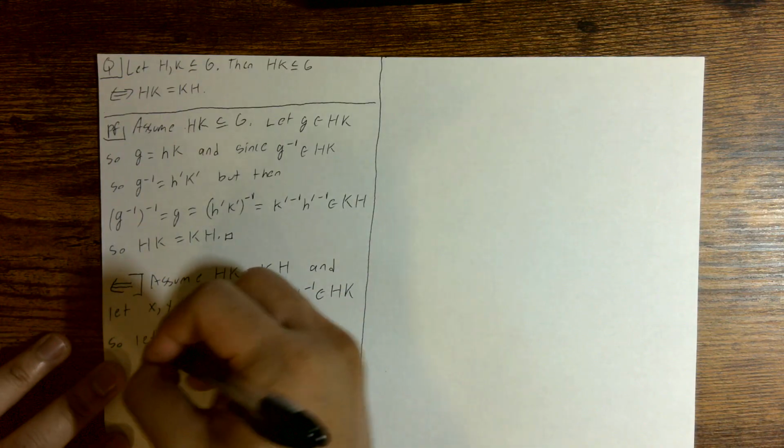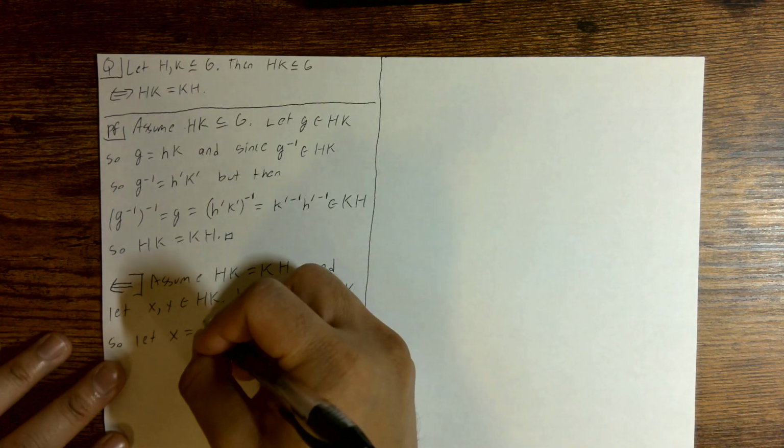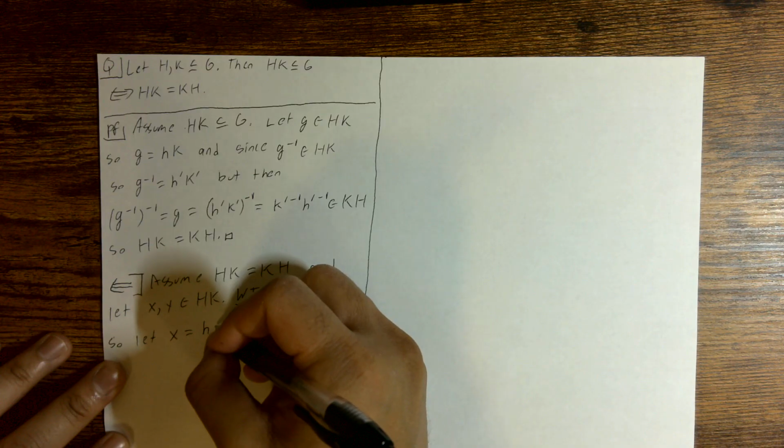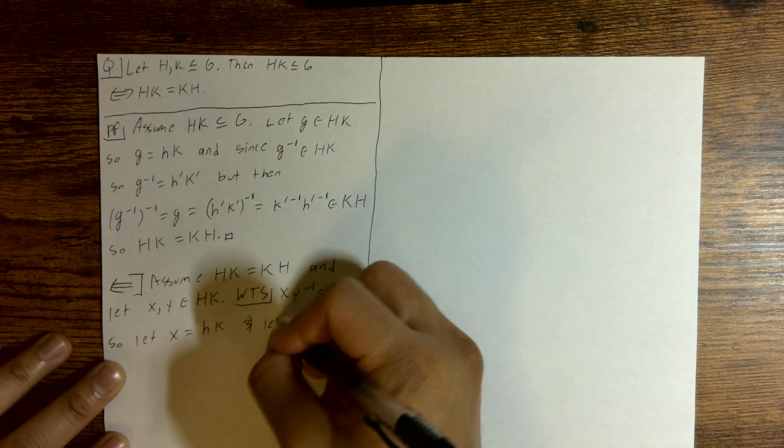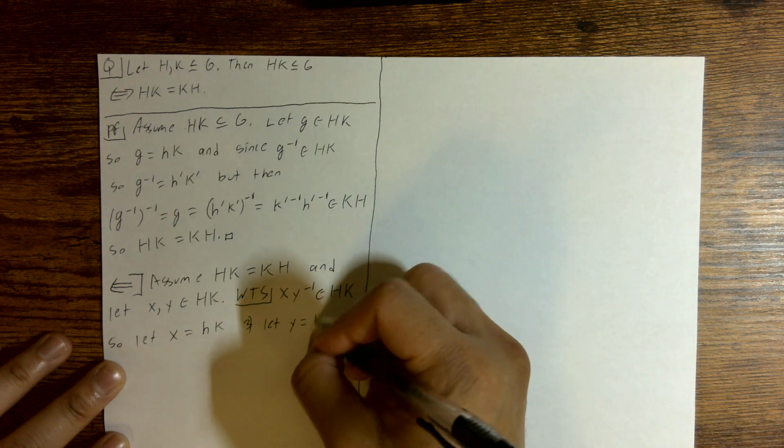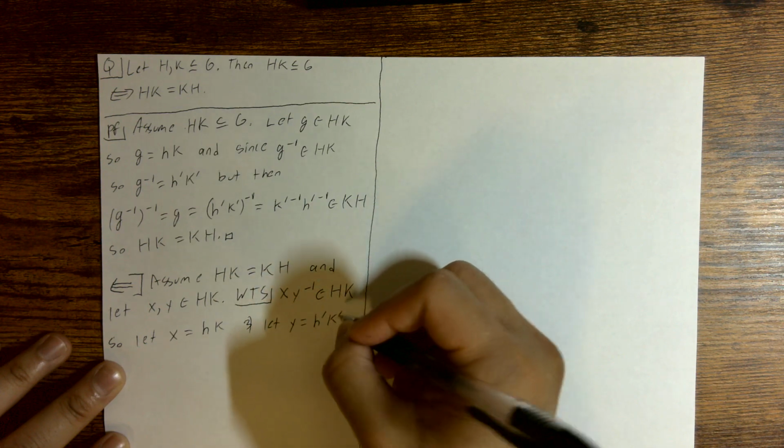So let x equal hk and let y equal h prime k prime.